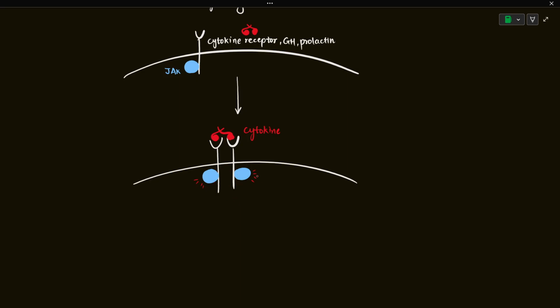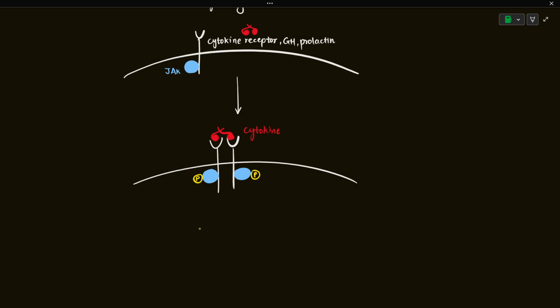So let me just write it down for you. Let's assume that this is JAK1 and this is JAK2. JAK1 will phosphorylate tyrosine domains on JAK2, and JAK2 will phosphorylate tyrosine domains on JAK1. This will create activated domains due to physical proximity. This will create phosphotyrosine residues over the Janus kinase.